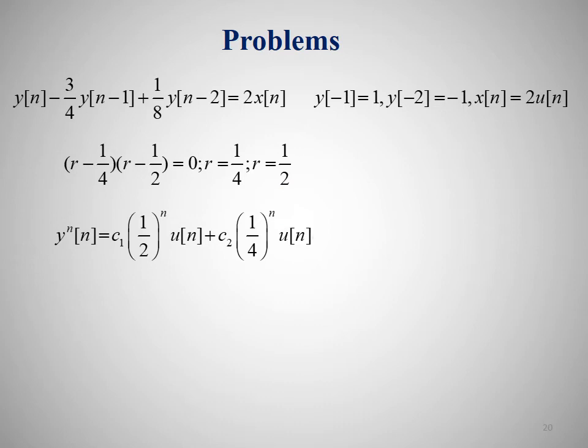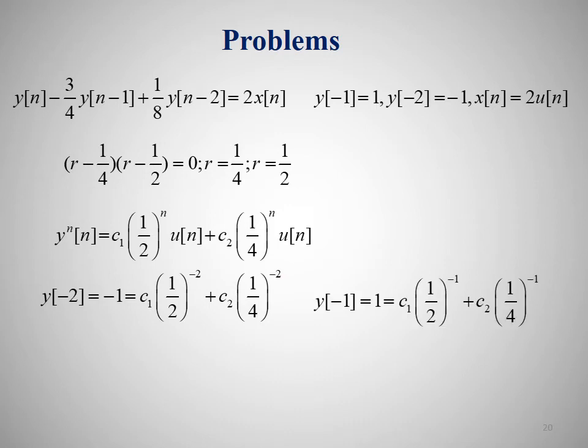Now, what is going to be our difficulty? Our problem is, as is the usual case, determining the coefficients c1 and c2. Let us try to see how we can find c1 and c2. Let us try to substitute the two initial conditions. y of minus 2 is equal to minus 1, resulting in c1 (1 by 2) power minus 2 plus c2 (1 by 4) power minus 2.